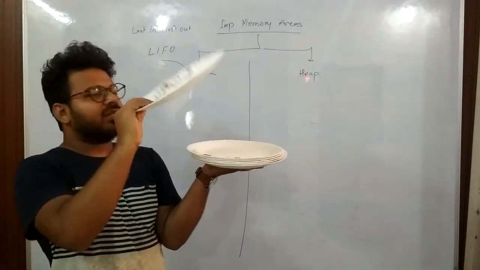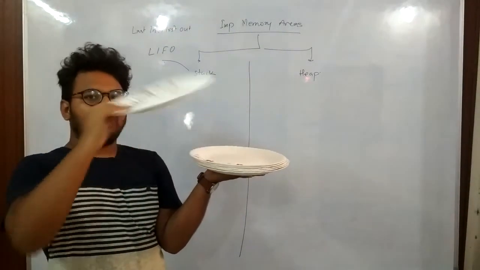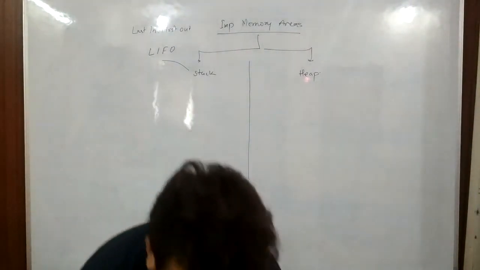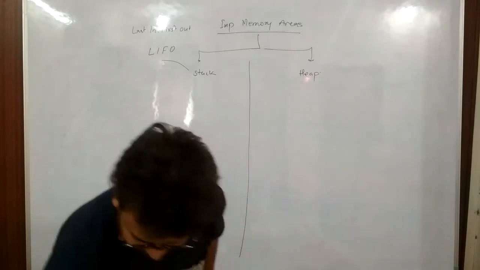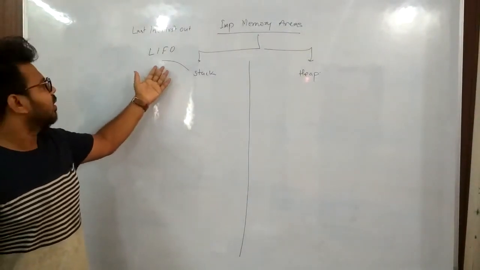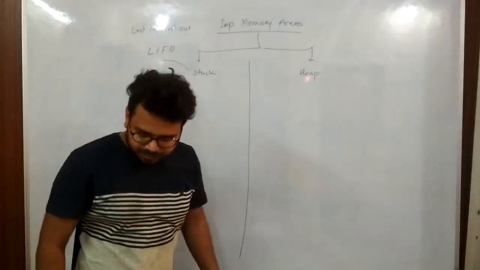So our last in plate is going to be out first. This is called last in first out. I think you got the concept of last in first out.